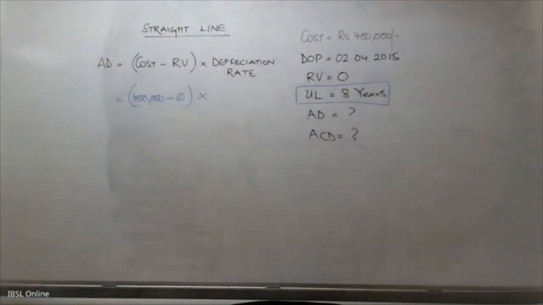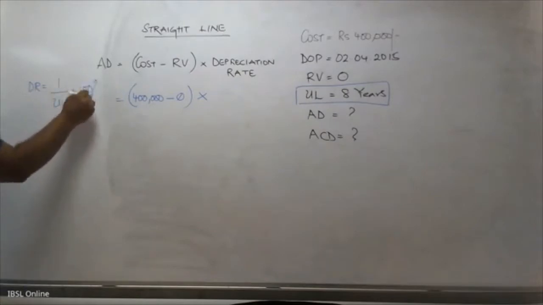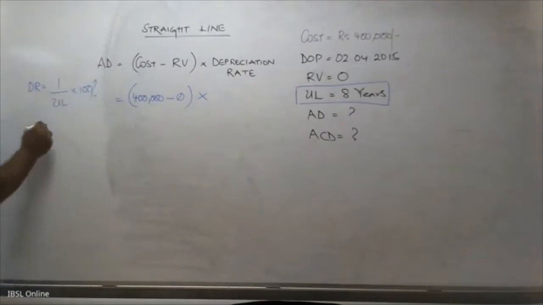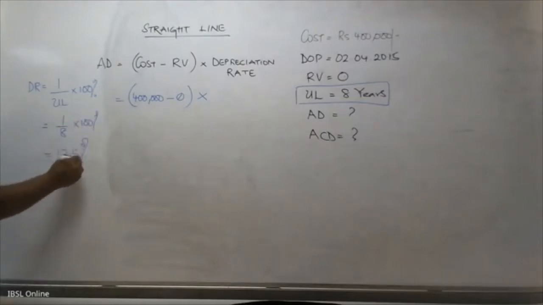So what is the relationship? Depreciation rate is equivalent to 1 over useful life into 100. So 1 over useful life is 1 over 8 into 100%. You get 12.5%.